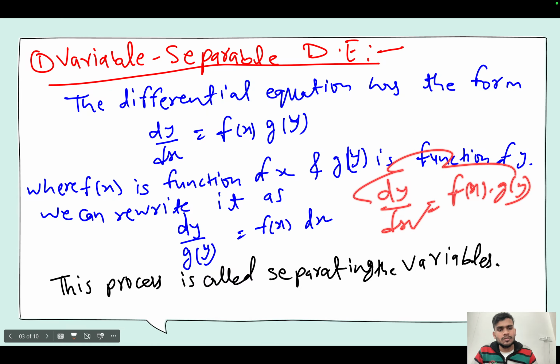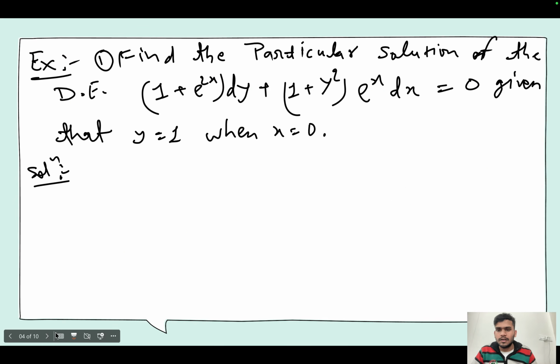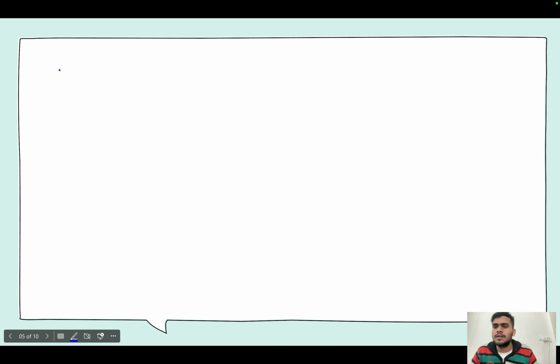So how are we going to solve an equation through this method? Before going to the example I have mentioned here, let me give a slightly easier example. dy by dx is equal to x into y.